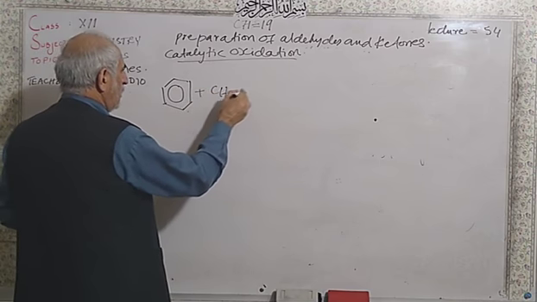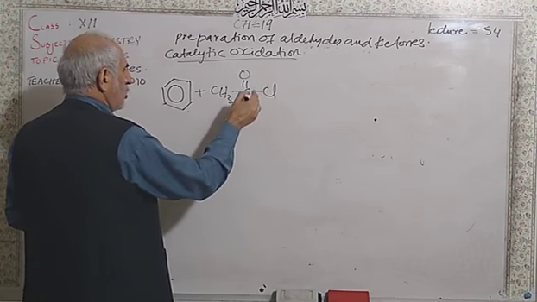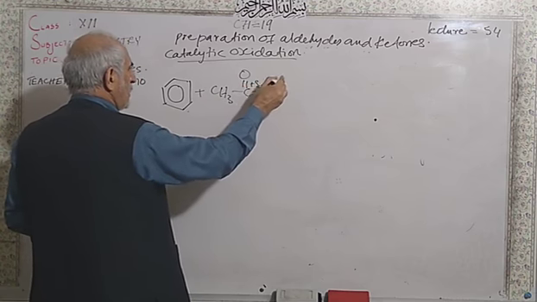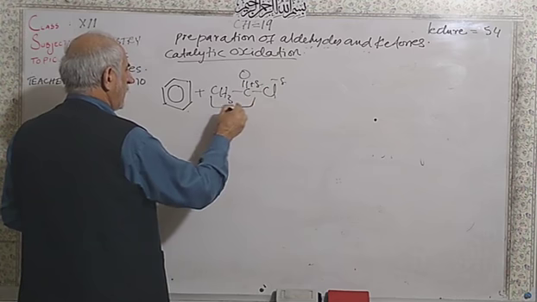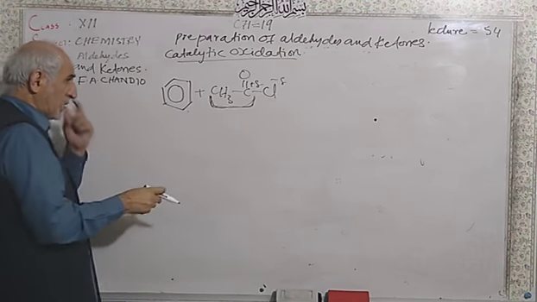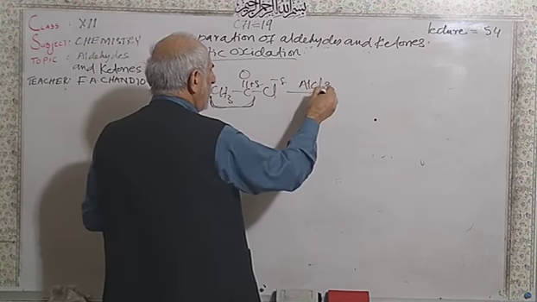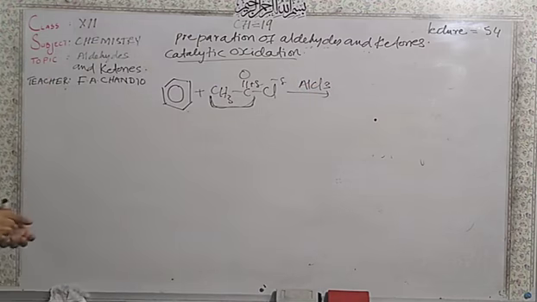Put the methyl. So partial positive charge, partial negative charge. Prepare the strong electrophile. There is the pi electron of benzene, and the catalyst is aluminum chloride. You did this before: acylation and alkylation of benzene according to the Friedel-Crafts reaction.